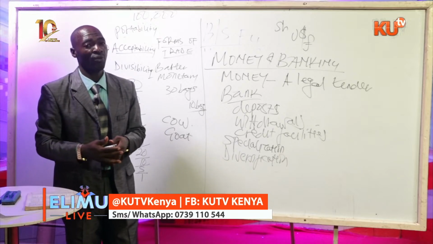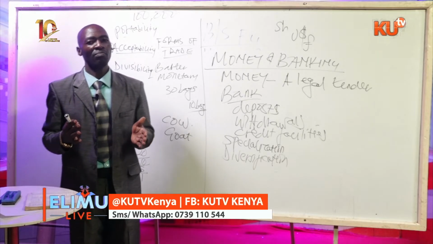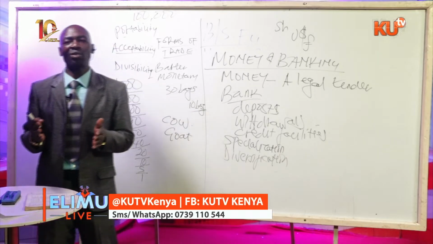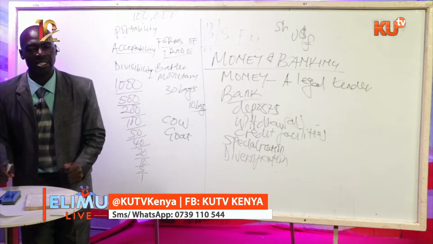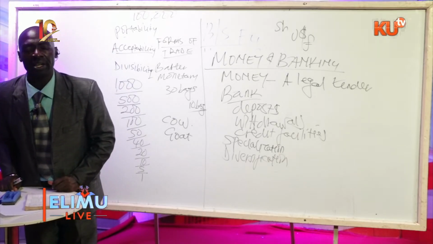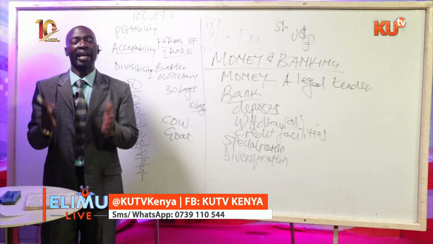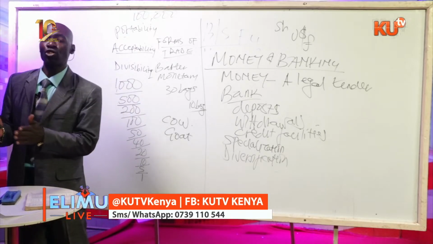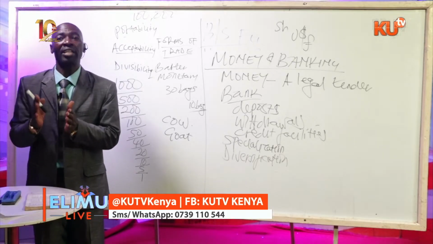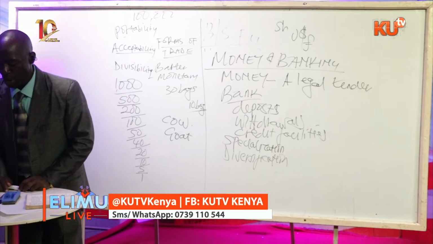So if I carry 100,000 Kuwait dinar, that's a lot of Kenya shillings in large sums. So there are some countries whose currency is not convenient to be carried around. It lacks the feature of portability. So money should be portable.